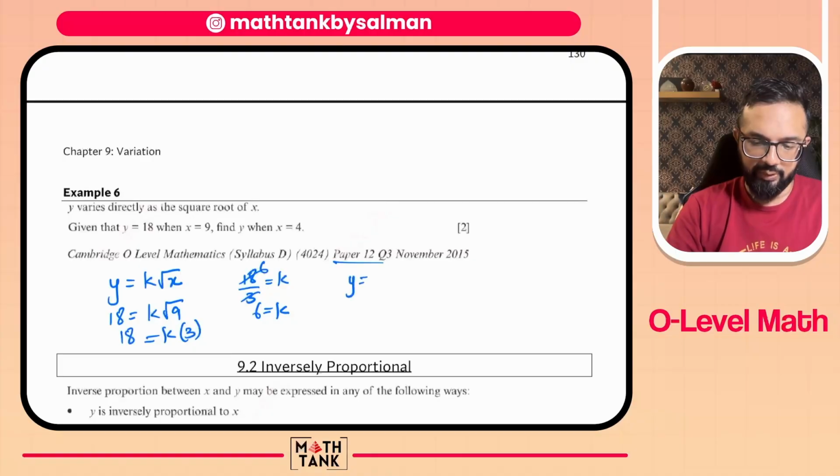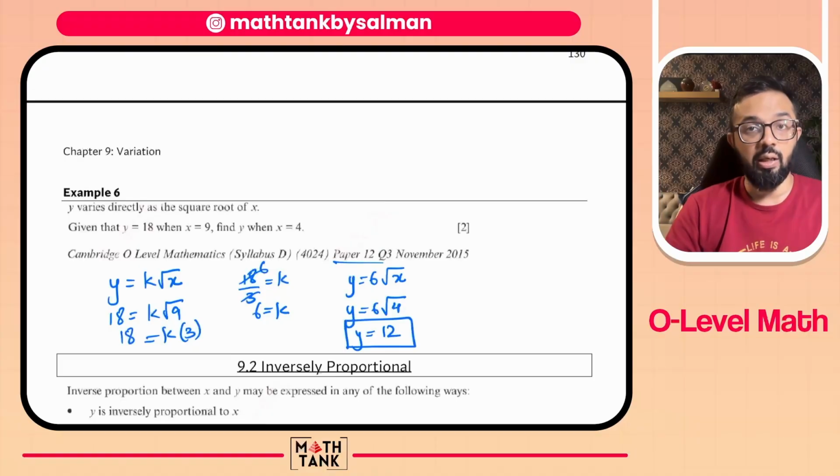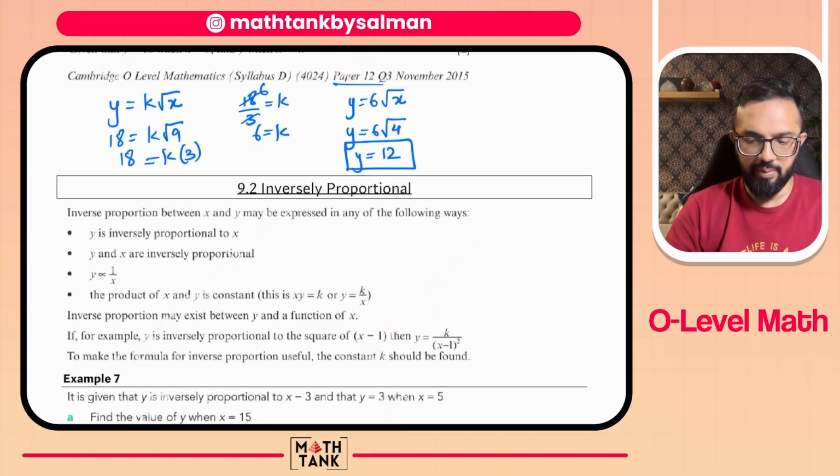So y equals 6 root x. Given that y equals 18 when x equals 9, that's what I've already used. So 4 when x equals 4. The root of 4 is just 2. 6 into 2 is 12. That should be my final answer that gets me 2 marks on the exam.